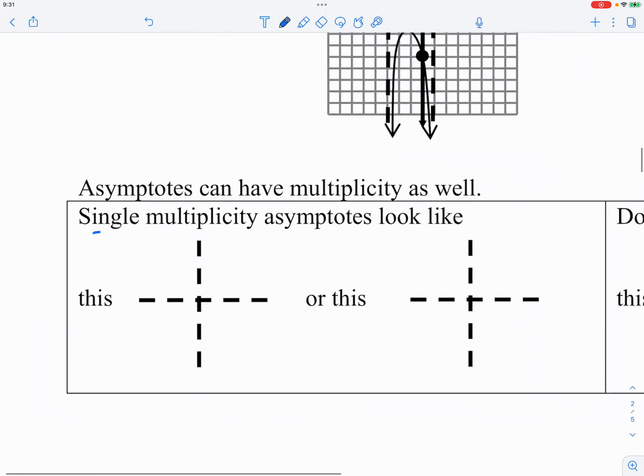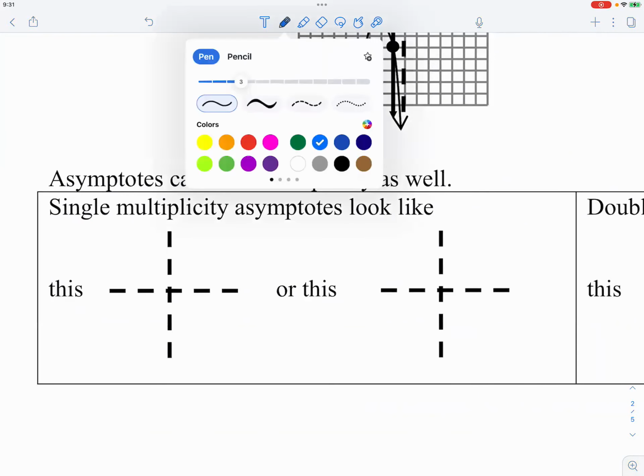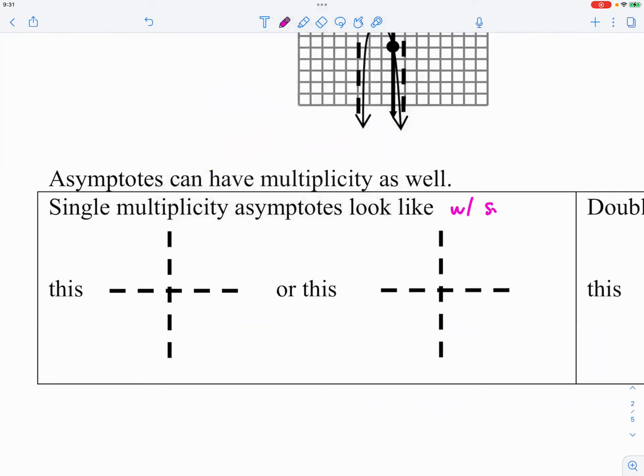If it is a single multiplicity, like what we did yesterday, that is what we call sign changes. The graph that we drew yesterday was like this, right next to the vertical asymptotes. You see how it goes to a positive infinity and a negative infinity on either side of the vertical asymptote. The other variant could be like this or this.